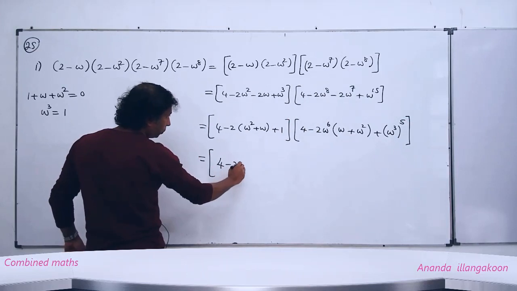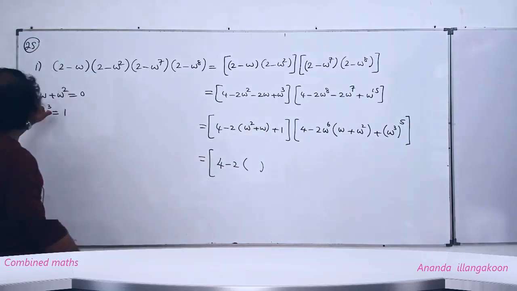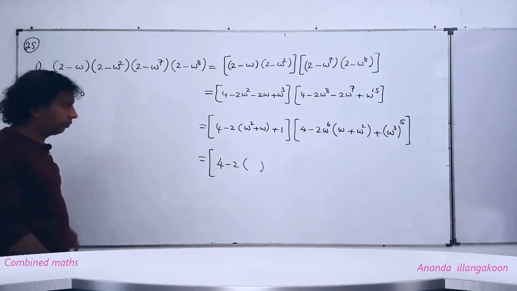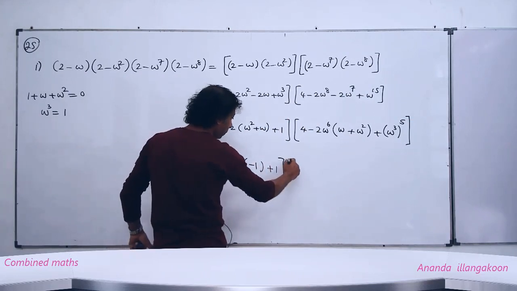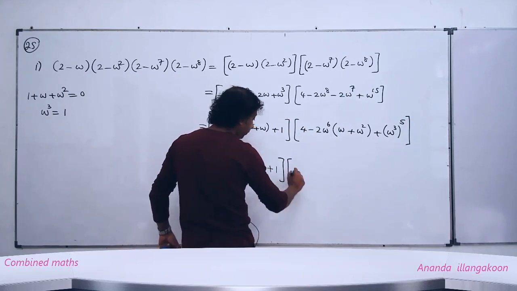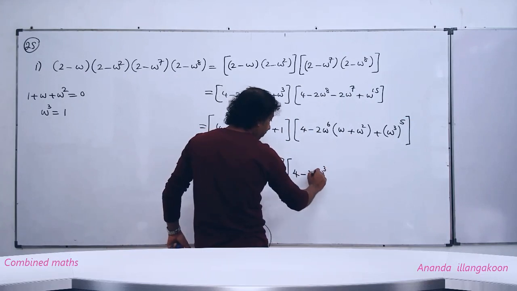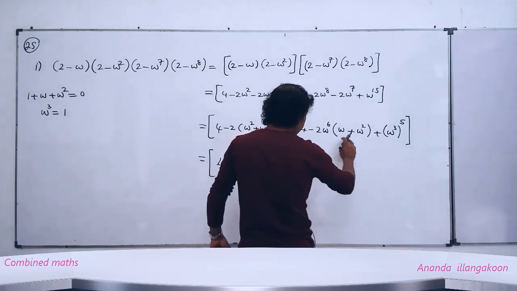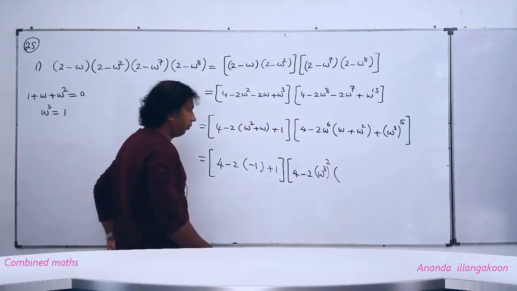4 minus 2 times omega plus omega squared. Here omega plus omega squared means take this one to the right hand side, minus 1, plus 1. And in this one, people, 4 minus 2 times omega 6 I can write as omega to the power 3 to the power 2, times omega plus omega squared. Take this one to the right hand side, minus 1.